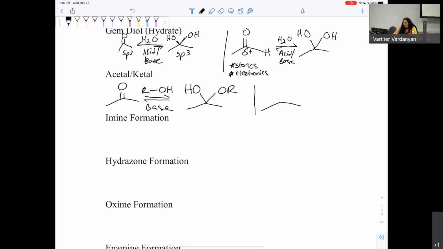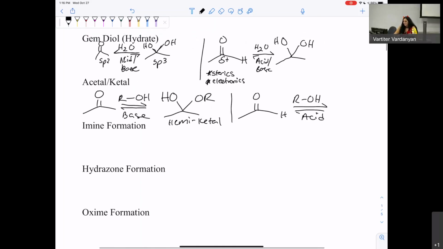And then let's do an aldehyde just for fun. So if we had an aldehyde, again, if we had an alcohol present, and this time if we had acid present, what are we going to form? Acetal, yes.